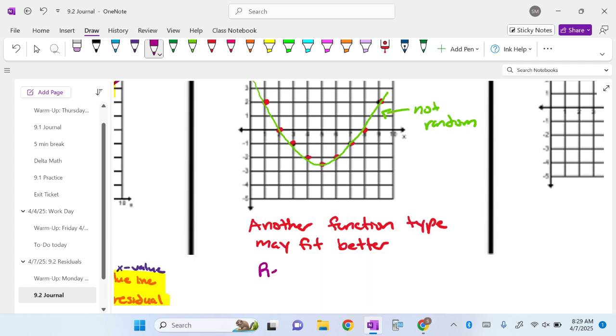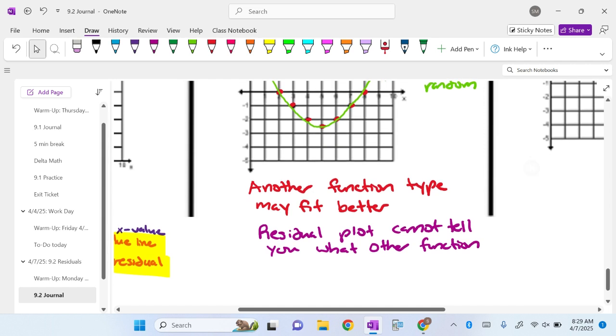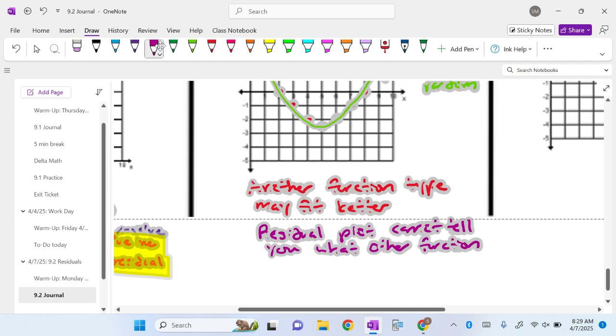The residual plot cannot tell you what other function fits better. That's when you have to use your R value and your R squared.